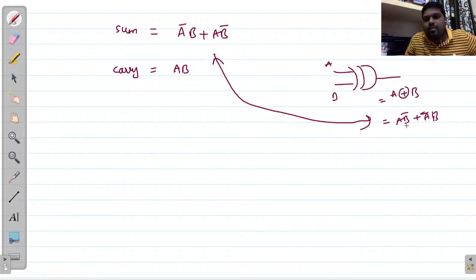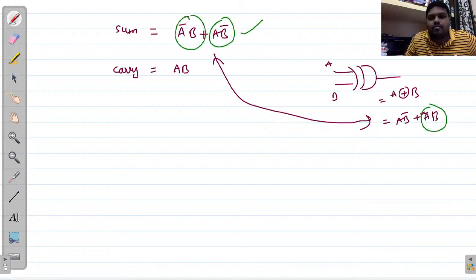So here A B bar, and here also we have A B bar, and here A bar B, here also we have A bar B. That means both the product terms we can observe here, A bar B, A B bar. Can I write this as A XOR B? So this combination is A XOR B.